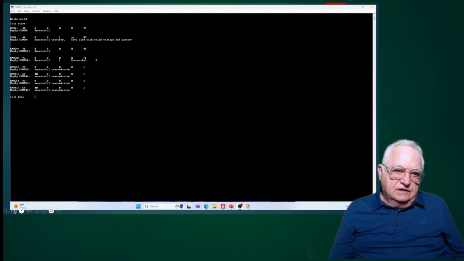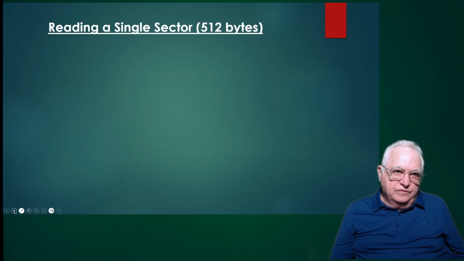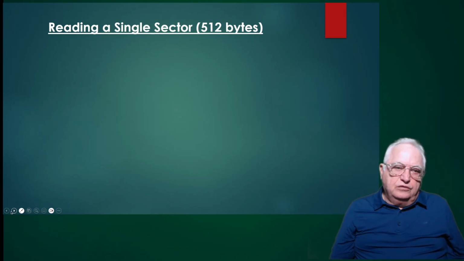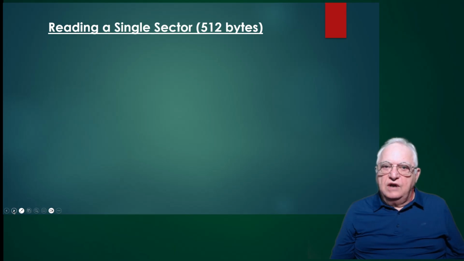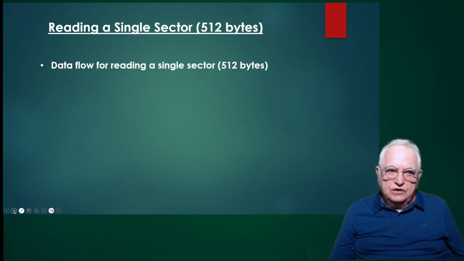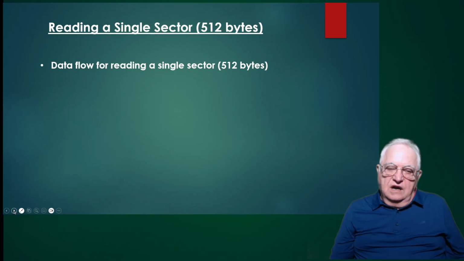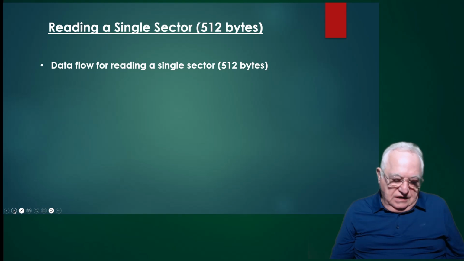Okay, so next we're going to look at the steps needed to read a single sector. First we'll go through the data flow that shows what commands are needed and how the microcontroller interacts with the SDHC sending commands.